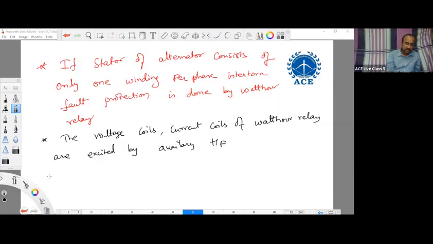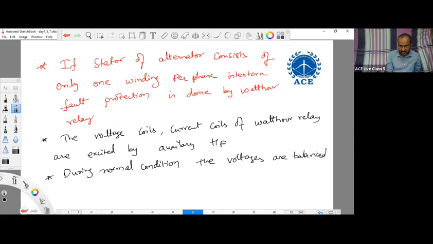During normal condition, the voltages are balanced and consist of the 50 hertz fundamental component only.